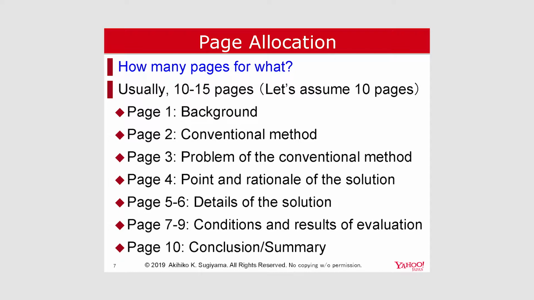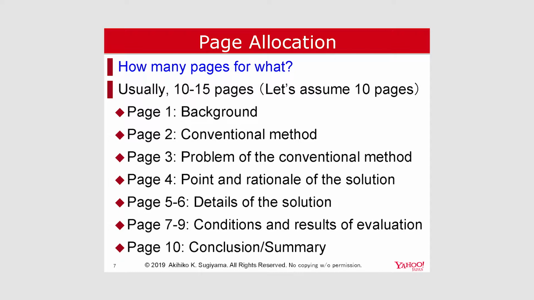Let's assume 10 to 15 pages, but we should be more specific to talk about it. So let's assume that you have 10 minutes, and then you are naturally going to prepare 10 pages in slides. Now, the first page is to describe the background of your research. The second page is devoted to introducing the conventional method or the state of the art.